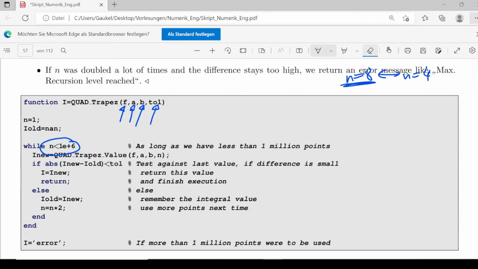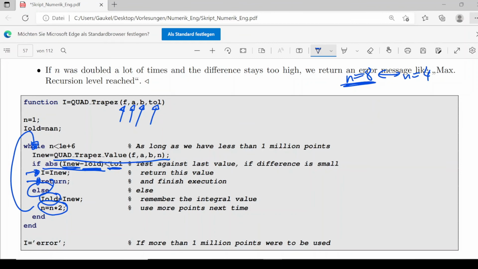As long as we are less than 1 million, then we calculate the trapezoidal value. Then we compare the new one to the old one. If the difference is less than tolerance, then we are done. We return this trapezoidal value. Otherwise, we will double. That means remember the old trapezoidal value and double the evaluation points and then go into this loop again.